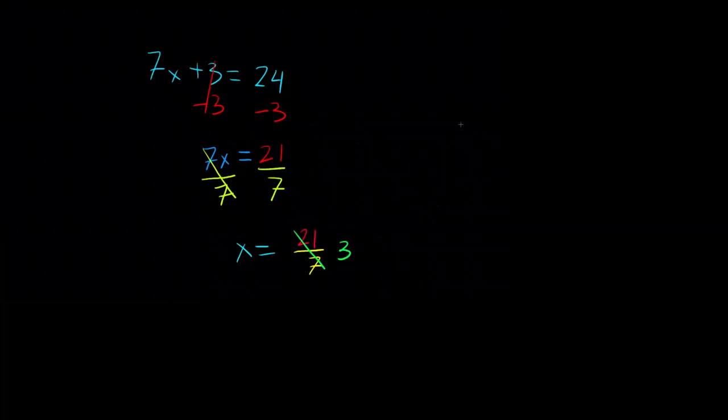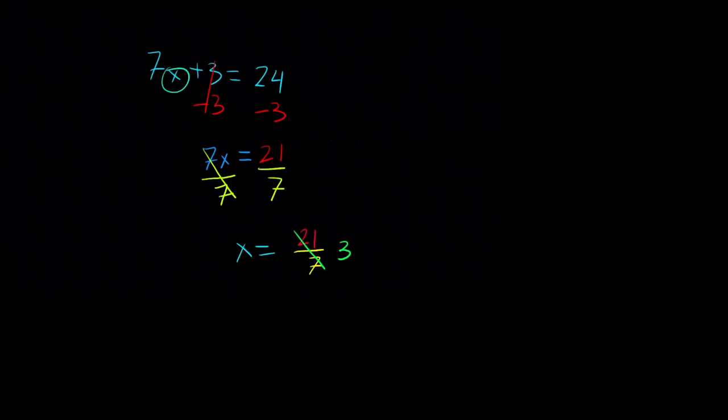So basically, the answer is x is equal to 3. So we solved this equation, and we managed to get 3 out of it. But not all equations will have perfect answers like 3. Sometimes you can't even solve for equations. But for now, let's figure out another problem.